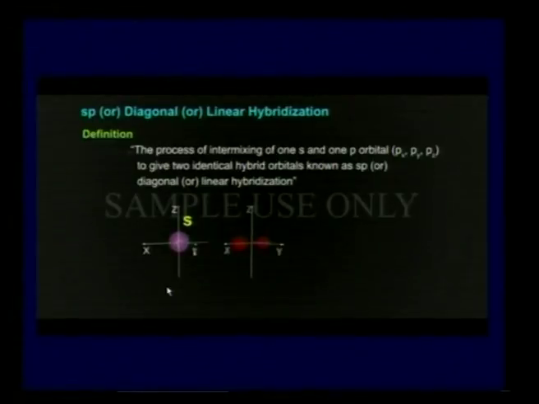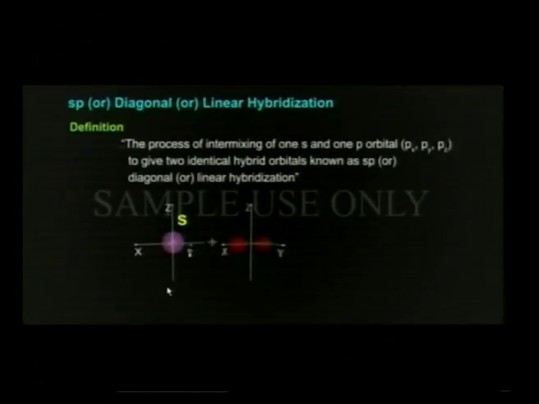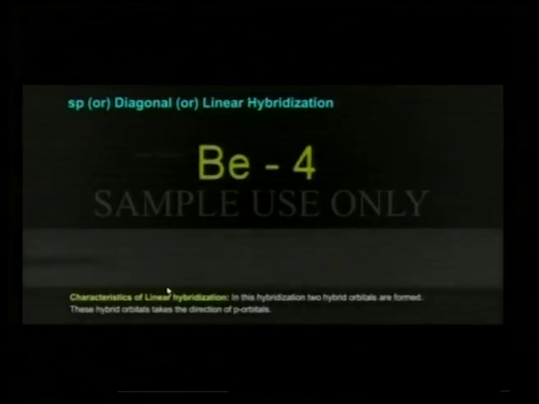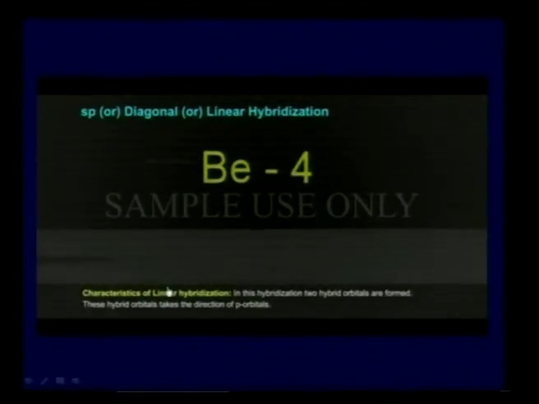Okay, see this video. Or PZ to give 2 identical hybrid orbitals known as sp or diagonal. The process of intermixing one s orbital and one p orbital of the outermost shell of an atom is called sp hybridization.